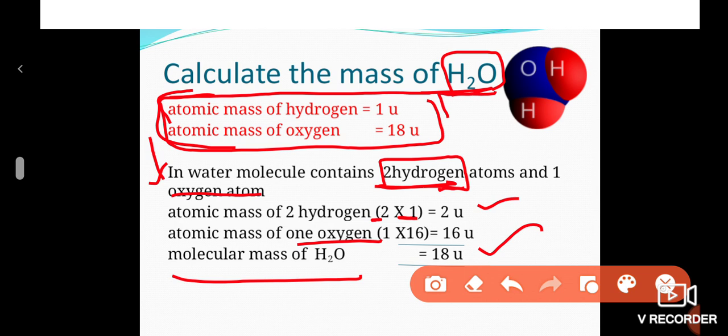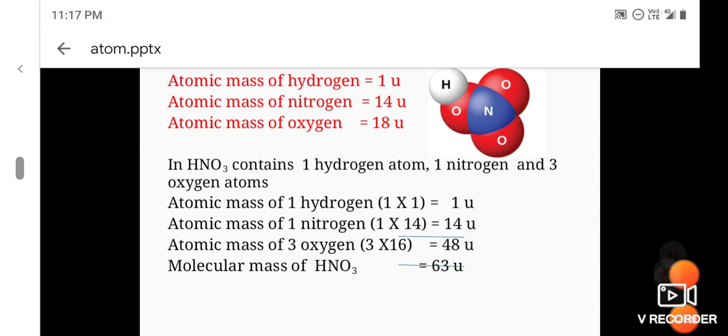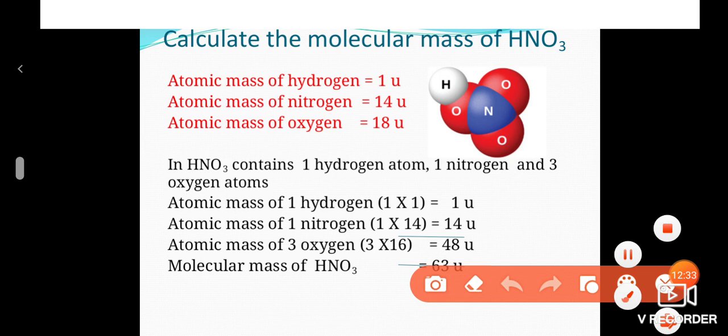Next we have to calculate the molecular mass of HNO3. First we have to find what types of atoms are present in it. Hydrogen, nitrogen and oxygen: 3 kinds of atoms are present.